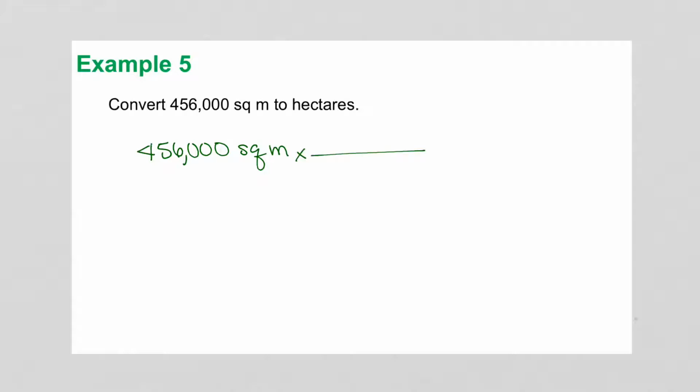Well, we were told that 1 hectare is 10,000 square meters. So we'll divide and find 45.6 hectares.